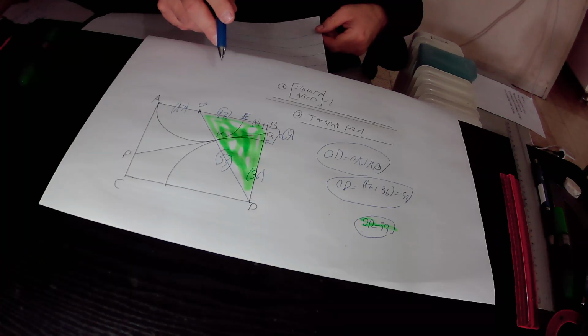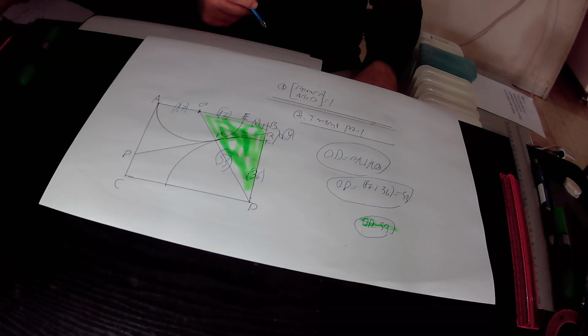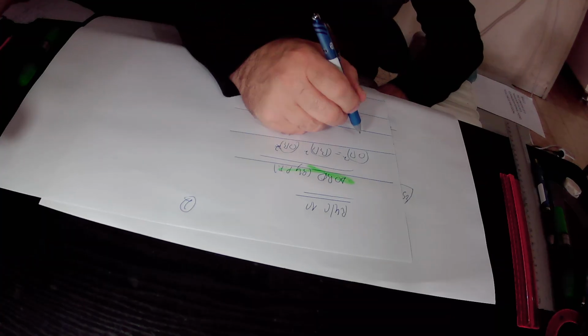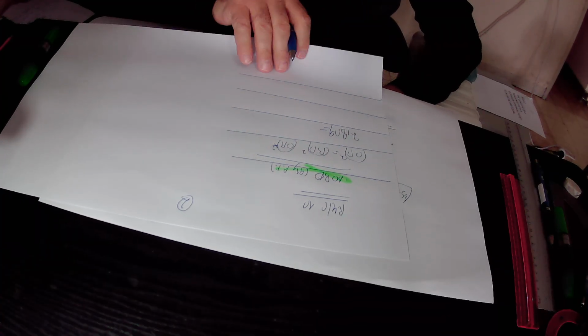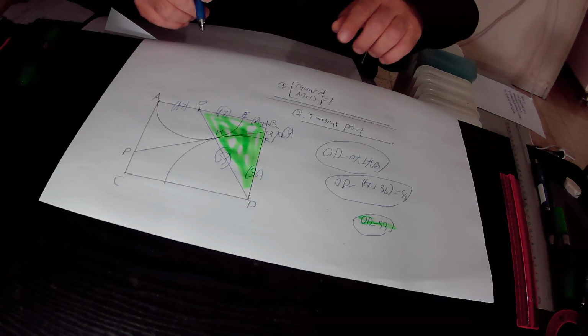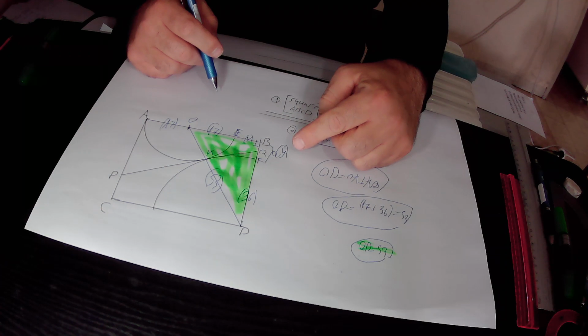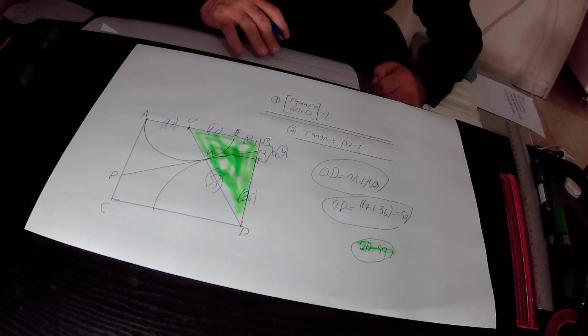OD is 53, therefore OD squared is 53 squared, which is 2,809. And it equals BD squared. BD in total is y plus 36, therefore BD squared is (y plus 36) squared.